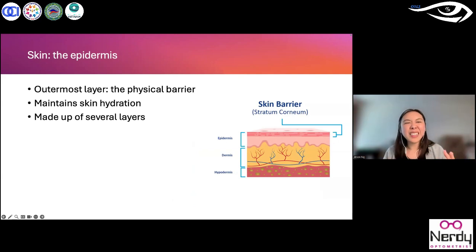So it really does help maintain skin hydration, and also is that physical barrier. It's also got a big role in UV protection and protection from oxidative damage as well. And even the epidermis itself is made up of more layers within it as well. And one particular layer that I'm going to focus on in the next slide is the stratum corneum, this very, very top layer here.